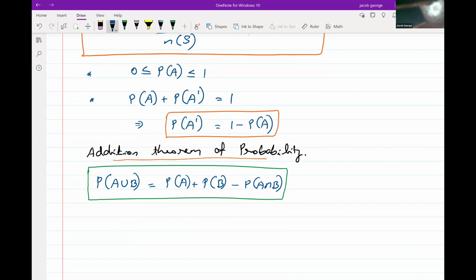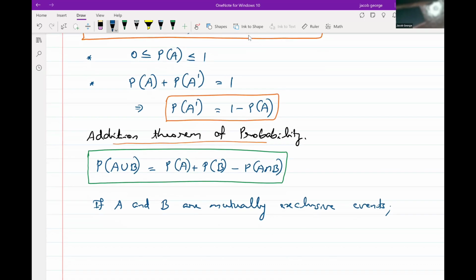Then if A and B are mutually exclusive events, what will happen to this formula? A intersection B is equal to the null set.